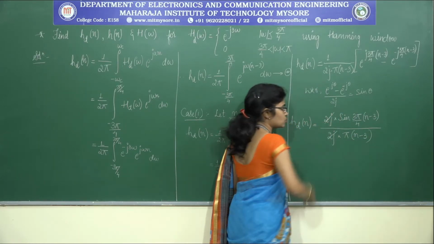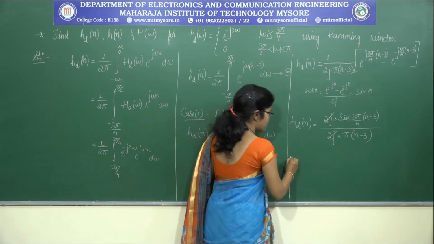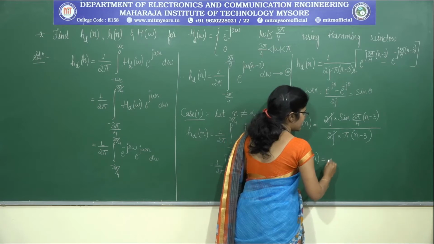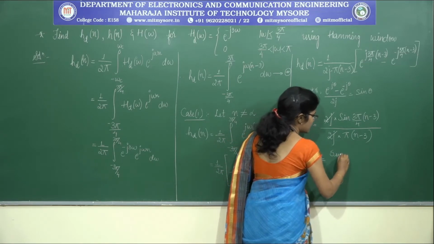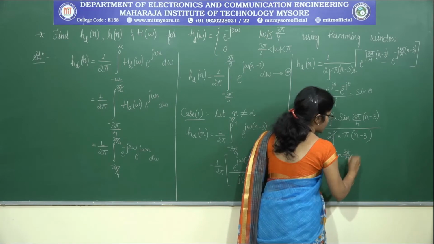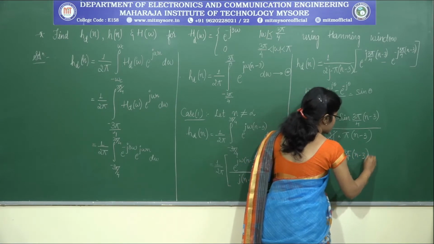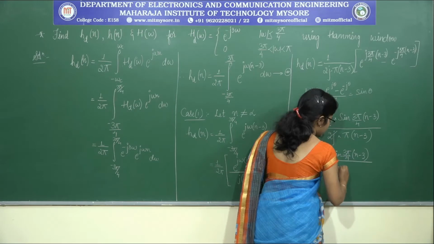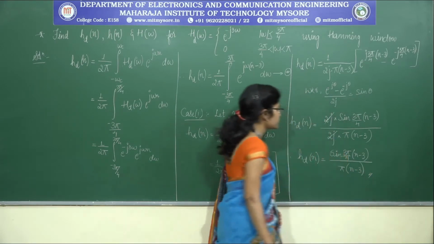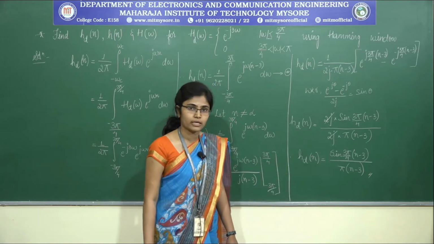So I can cancel 2j with 2j. Therefore, the value of hd of n when n is not equal to alpha is sin 3 pi by 4 into n minus 3, whole divided by pi into n minus 3. So this is the solution for case 1.